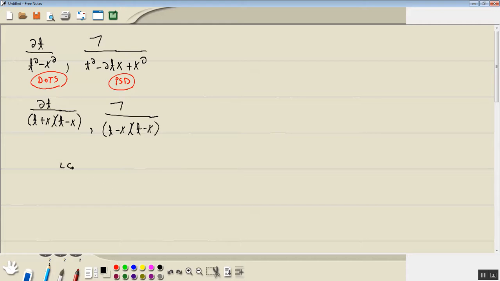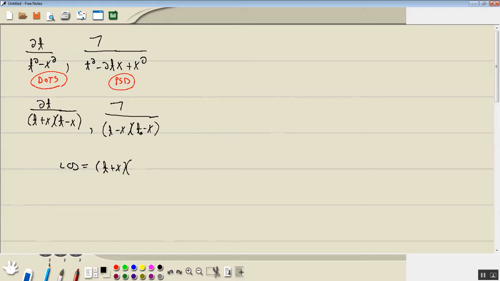Now our LCD. We take a look at each factor. For example, I start with the t plus x. Now I'm looking for the greatest number of t plus x's in a single denominator. There's one here, there's none here, so the greatest number of t plus x's in a single denominator is 1. Then I go to my next factor, which is t minus x. Now I'm looking for the greatest number of t minus x's in a single denominator.